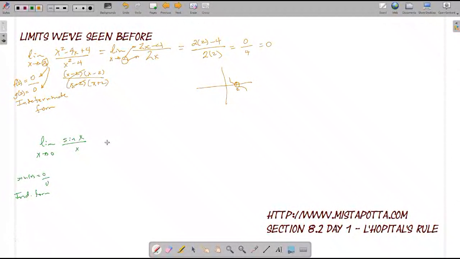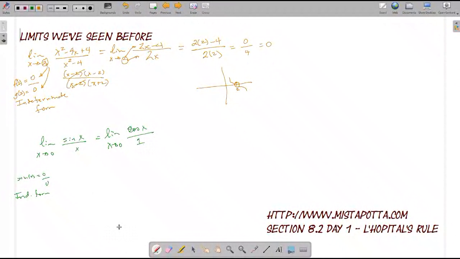L'Hopital's rule says the ratio of two functions as x approaches a particular value is equal to the limit as x approaches that same value of the derivative of the top function, which would be cosine of x, over the derivative of the bottom function, which is 1.